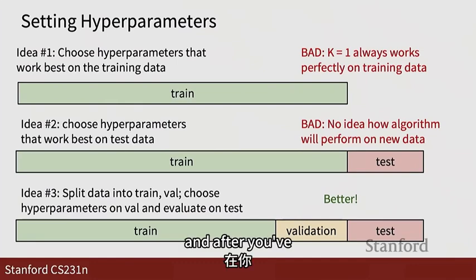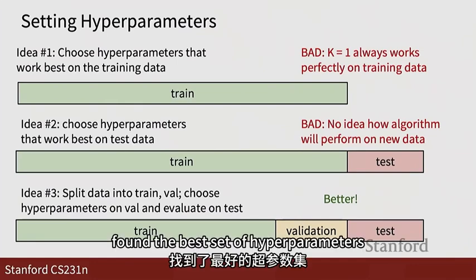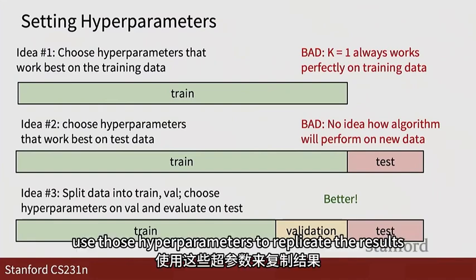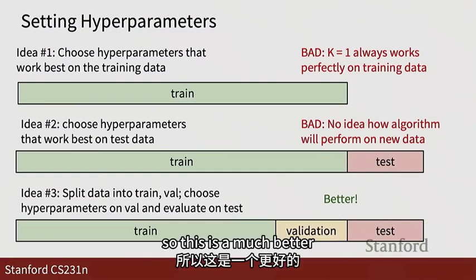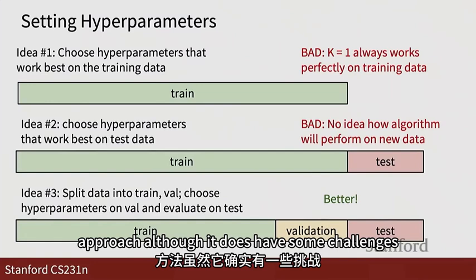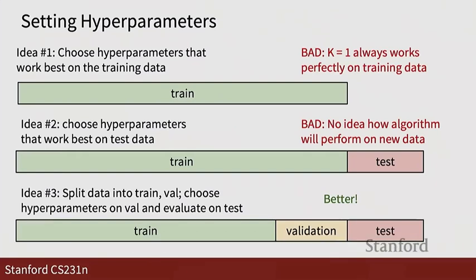And after you've found the best set of hyperparameters, then use those hyperparameters to replicate the results for the testing set and do the predictions for the testing set.